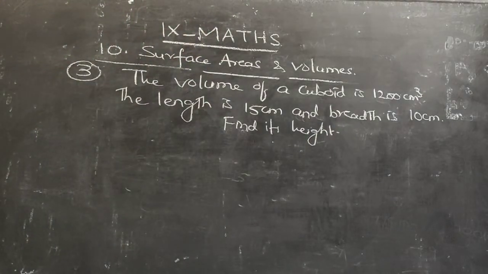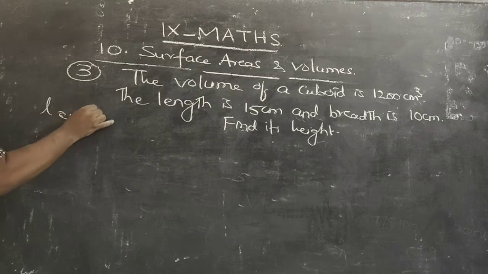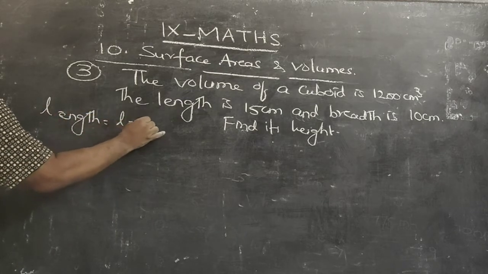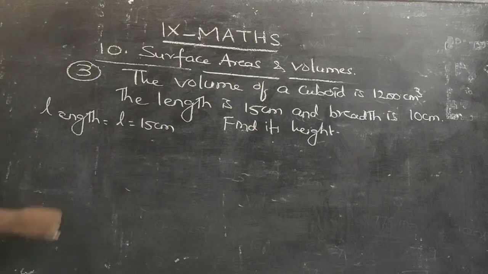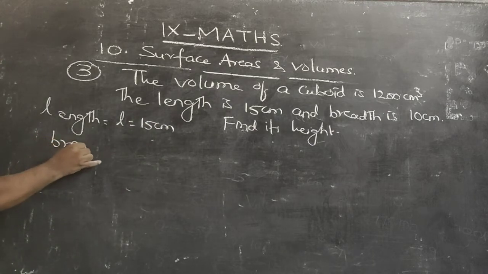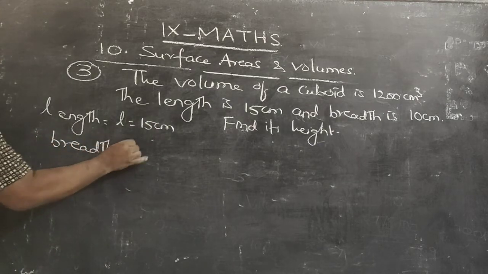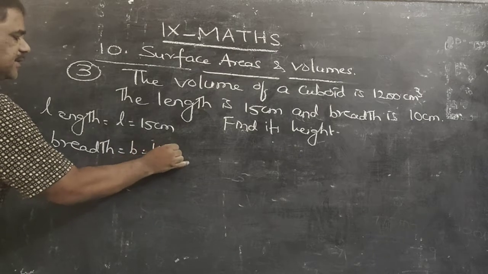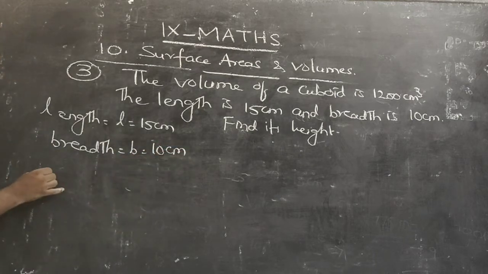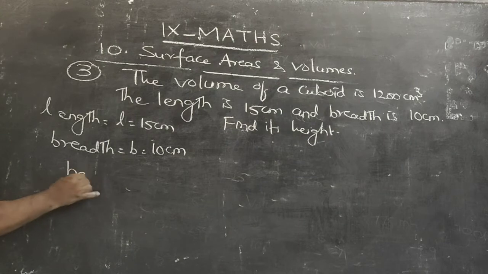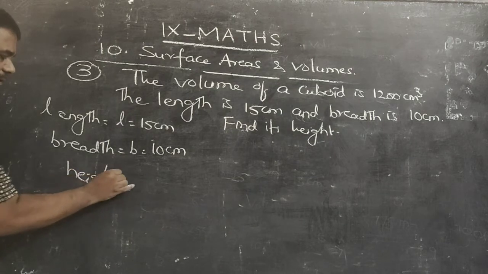Here length of the cuboid, L is equal to 15 centimeters. Breadth B is equal to 10 centimeters. Next, we have to find height of the cuboid.